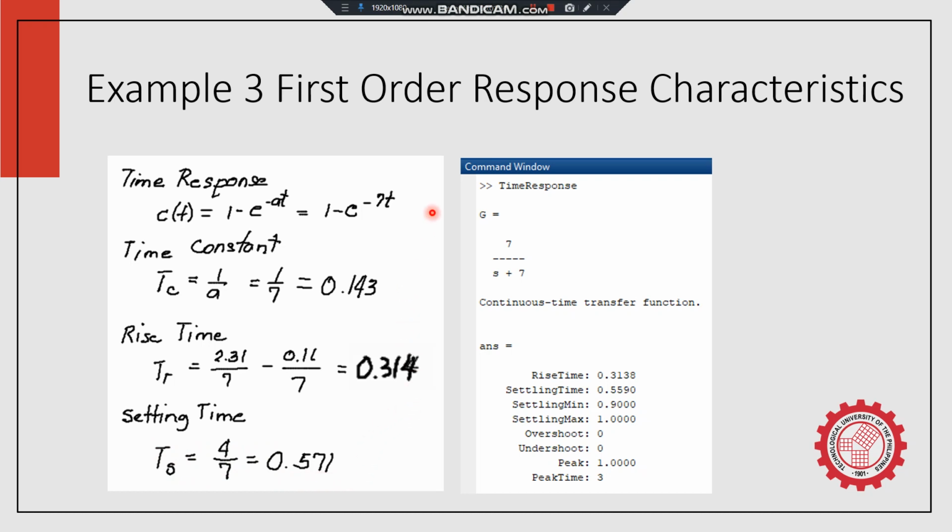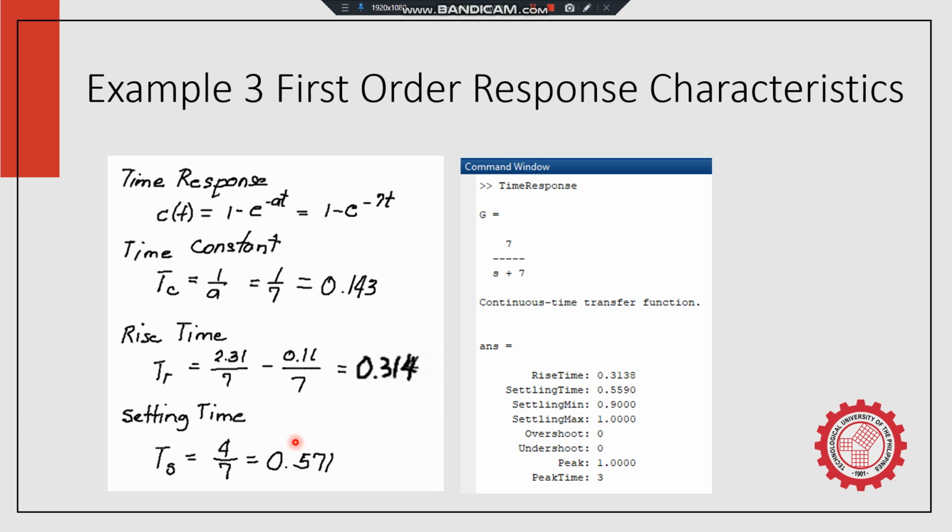Now, if we put this transfer function, the 7 over s plus 7, in MATLAB, it will give us the following characteristics. So let's compare. For the rise time, ayan po, okay, so we're almost accurate.